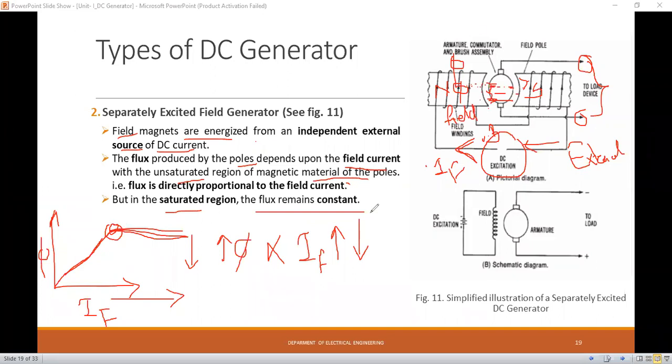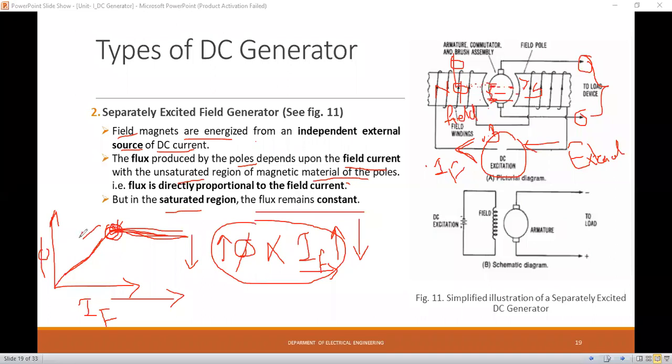See, here also it is similar. If the field current increases, then the flux increases according to this direct proportion relation. The flux phi increases up to one point. Then if we again increase the field current, the flux remains constant. That means this point is the saturation point.